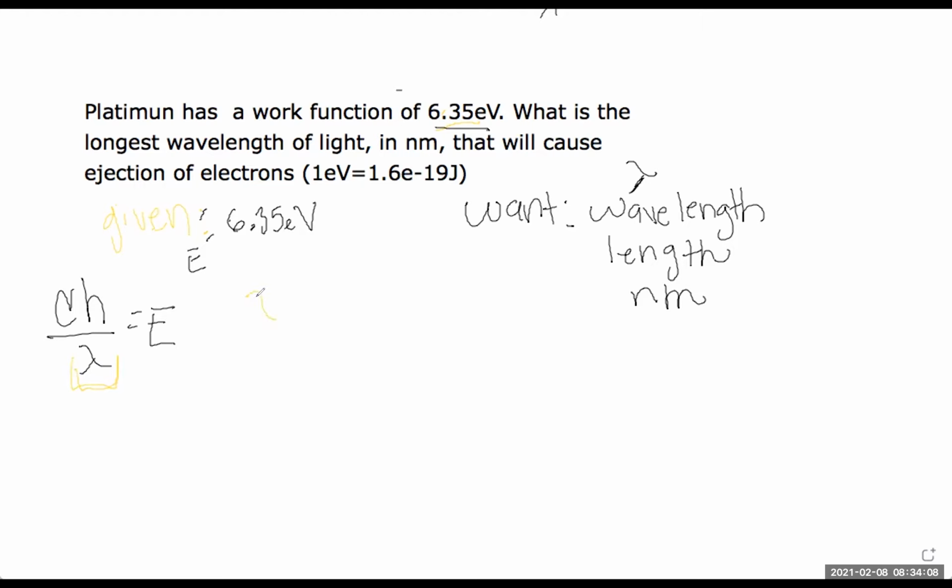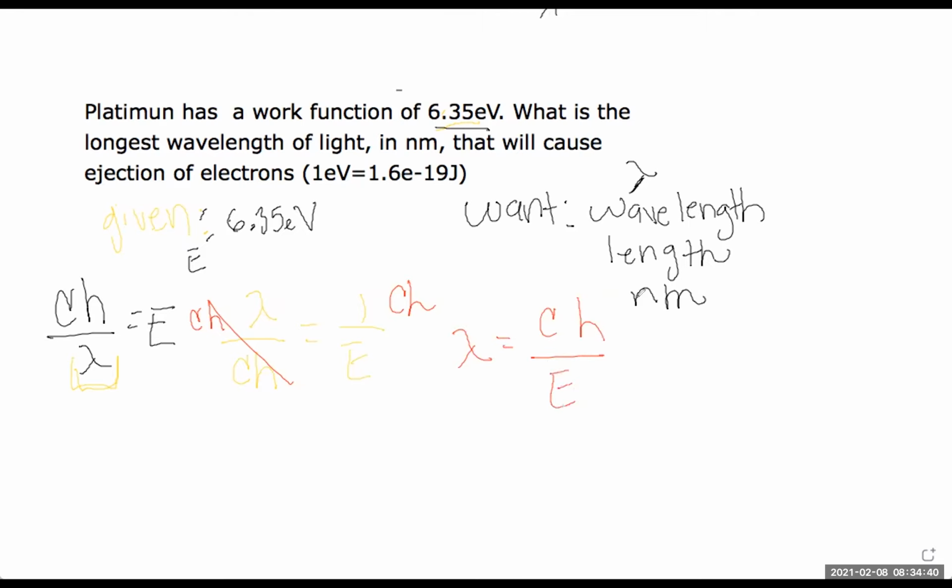So we say lambda over CH is equal to 1 over E. We just flipped it. Then, if we want lambda by itself, what do we do? Multiply by CH. And we're left with lambda is equal to CH over E.